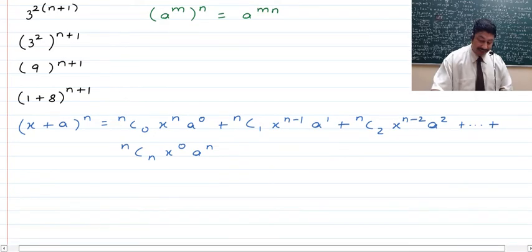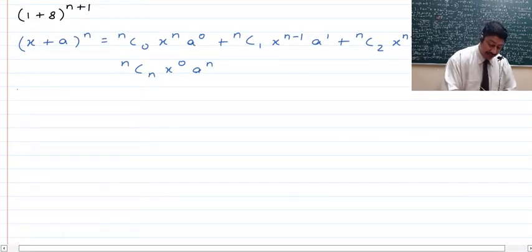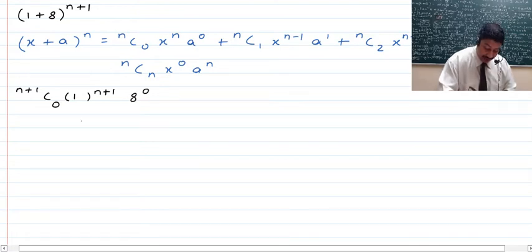Now applying this, we now have here n plus 1 C0 1 raised to the power n plus 1 and 8 raised to the power 0.